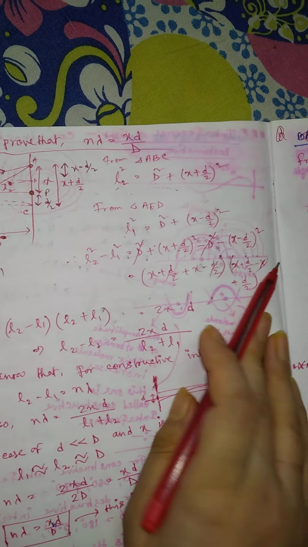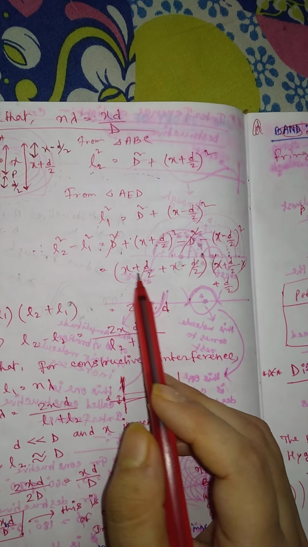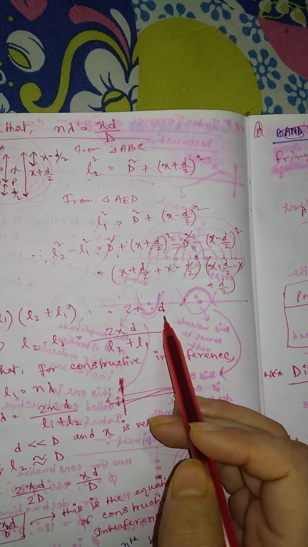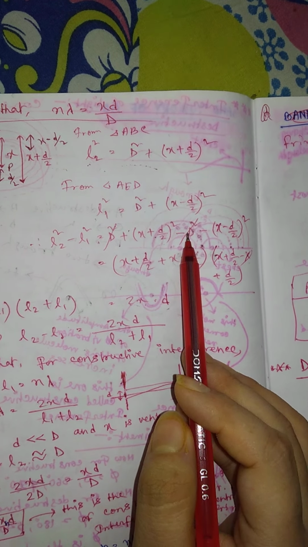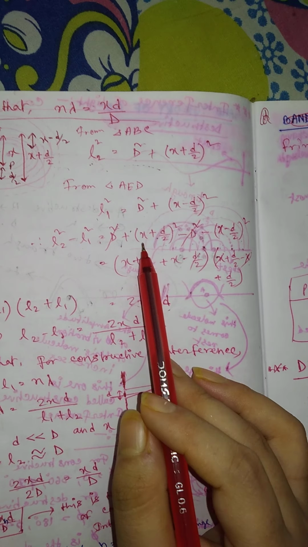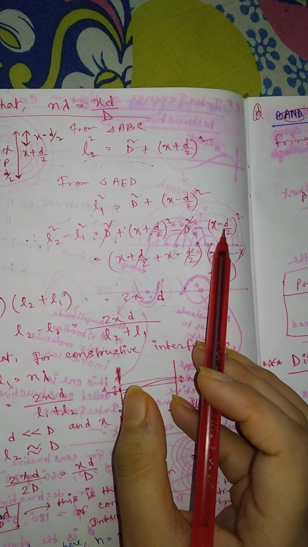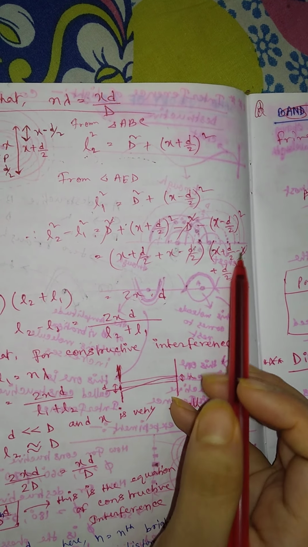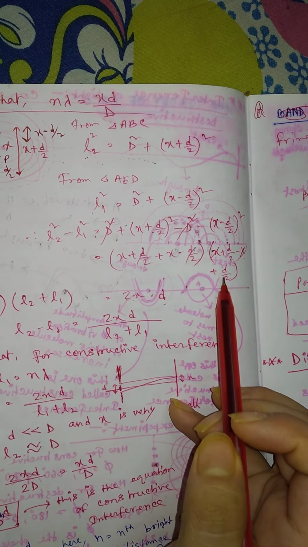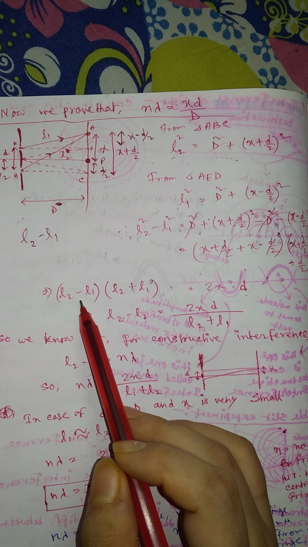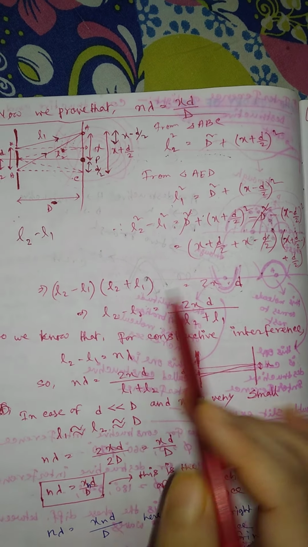Then finally after solving this, we will get 2xd. Just look at here, D square cancels. This is (a plus b) whole square minus (a minus b) whole square, and we know (a plus b) whole square minus (a minus b) whole square equals 4ab, so we get 2xd. Now L2 square minus L1 square equals (L2 minus L1) into (L2 plus L1).